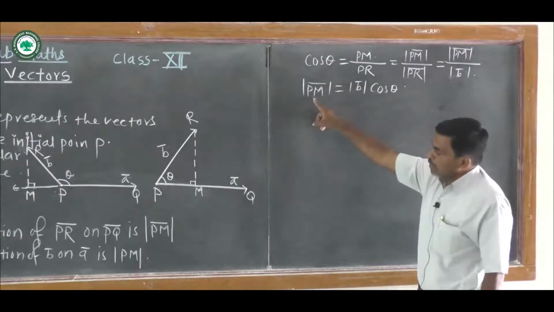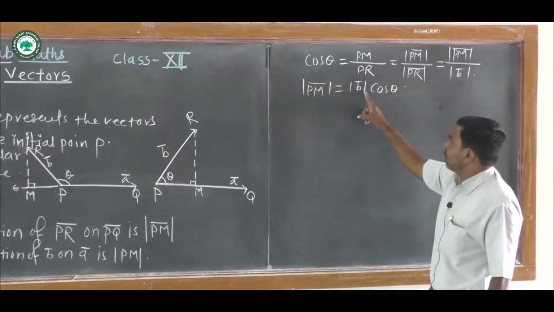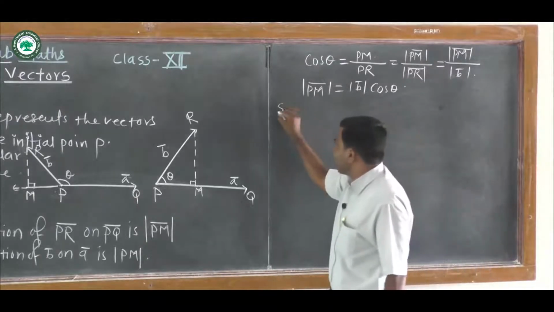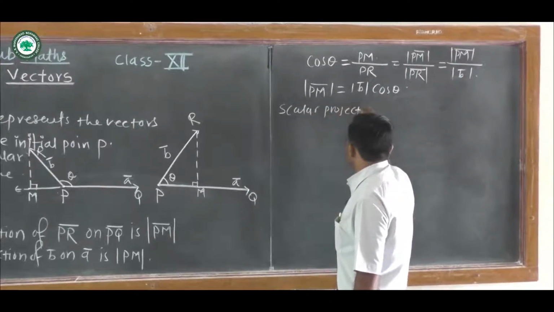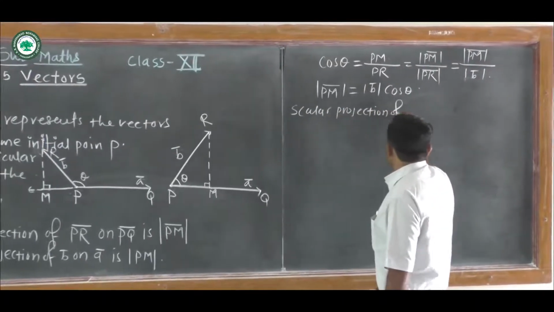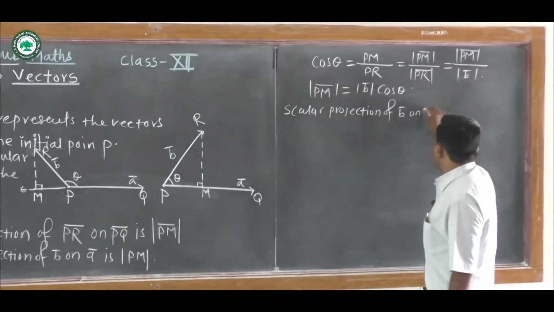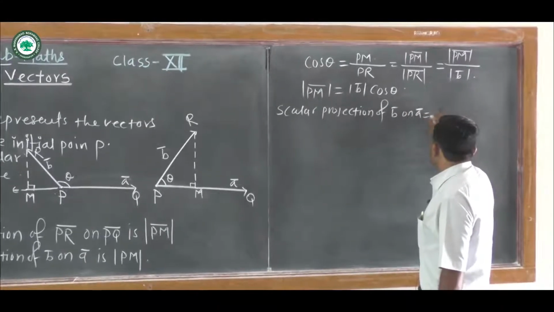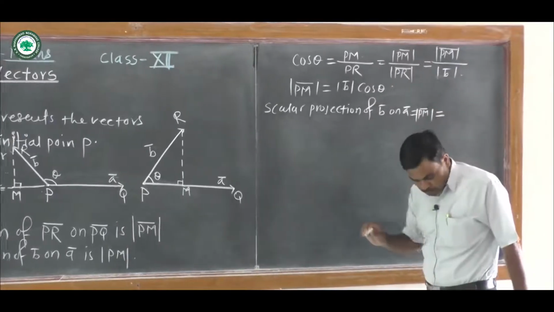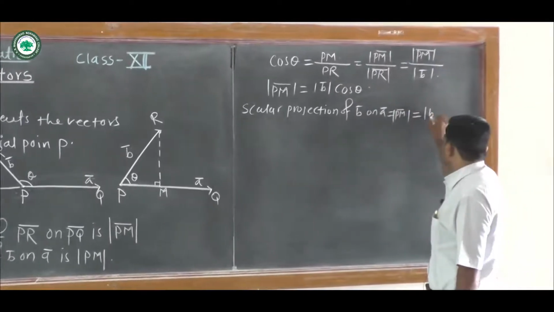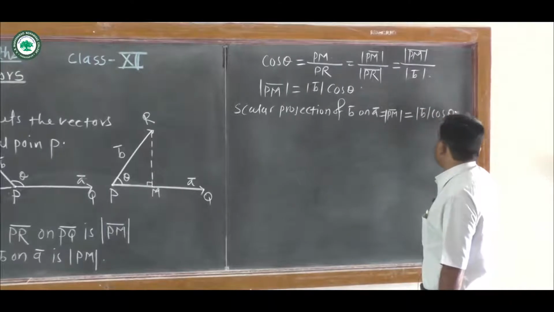So the scalar projection of B bar on A bar is equal to the magnitude of vector PM, and it is equal to the magnitude of vector B into cos theta.